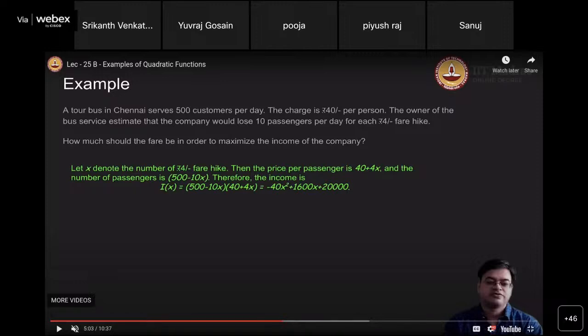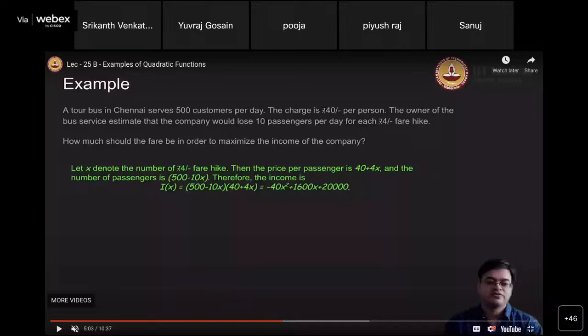And for every 4 rupees, I will lose 10 customers. For x 4 rupees, how many customers do I lose? 10 into x. For 1 fare hike, I lose 10 passengers.